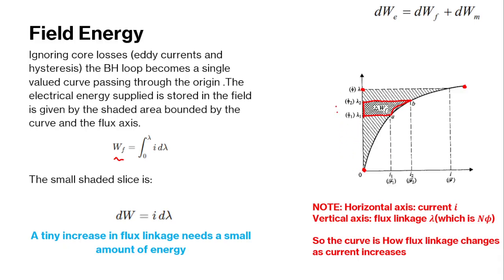This is the y-axis, because our lambda-i curve, you're integrating on the y-axis. So you're actually finding the area bounded on the y-axis. So this whole area here is basically you going from bottom straight up to the top. So if they ask you to go from one flux linkage point to the next flux linkage point, you will need a little bit of energy. This is the main one.